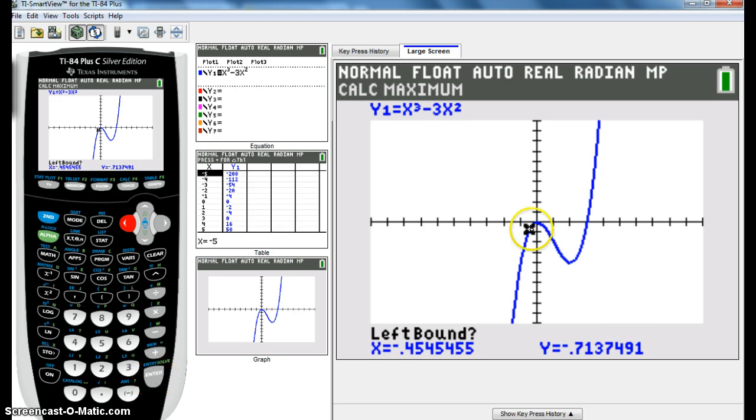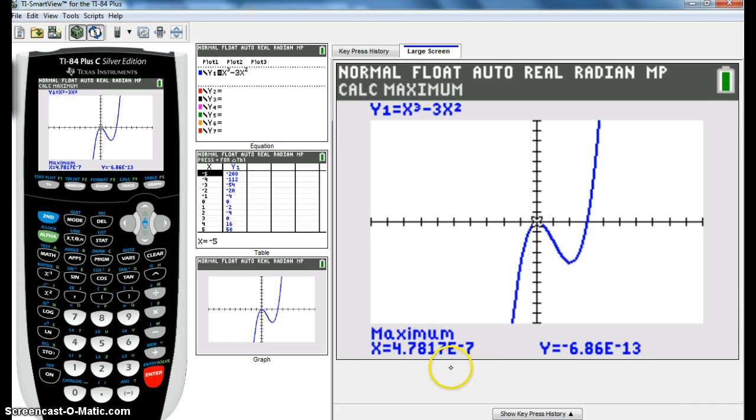The point 0, 0 appears to be the max, but it will have a left bound with a negative y coordinate and a right bound also with a negative y coordinate, because this graph does not go above the x-axis. We'll hit enter there. I'll scroll to the right and hit enter there, and then hit enter again.